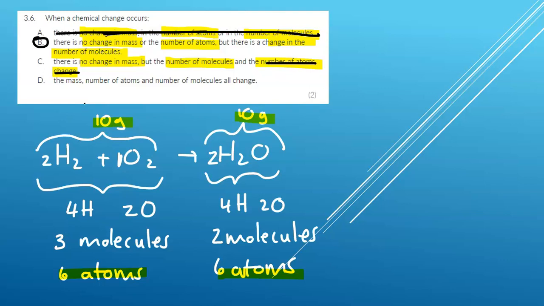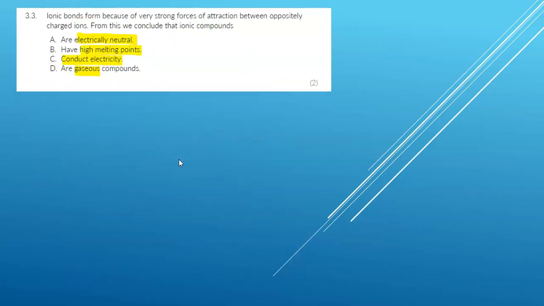They will stay the same for the same reason that our mass remained the same. And then D, the mass, the number of atoms, and the number of molecules all change, and that is false. Okay, so the mass and the number of atoms will always remain the same because of the law of conservation of mass. Okay, and then the last one, 3.3, I'm actually going to leave out. This is about the properties of ionic substances, and I didn't include that in your demarcation, so you do not have to know this.